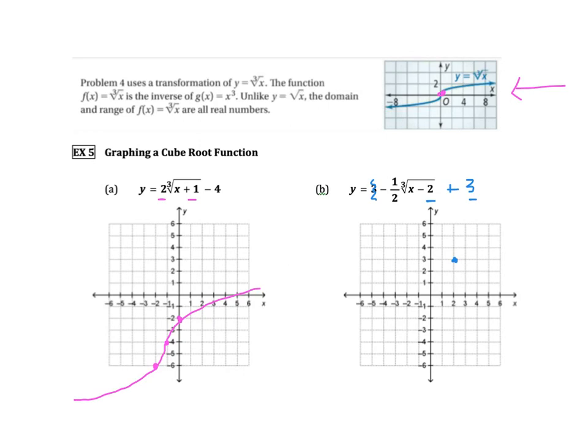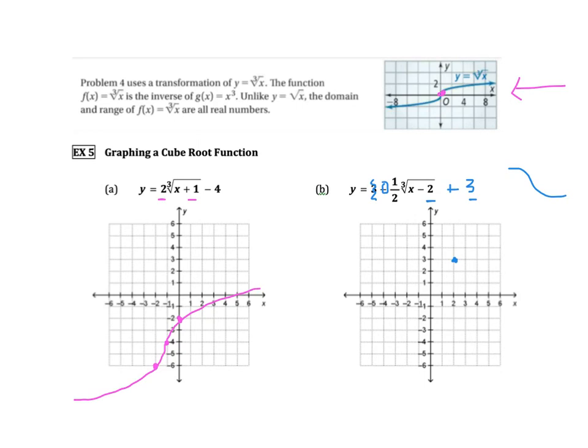Now, one thing you need to notice when we go to start graphing our points is we have a negative right here, which is going to flip this thing about the x-axis. And so what's going to end up happening is that instead of having the shape of the pink one that you see on the left, it's going to look more like this.